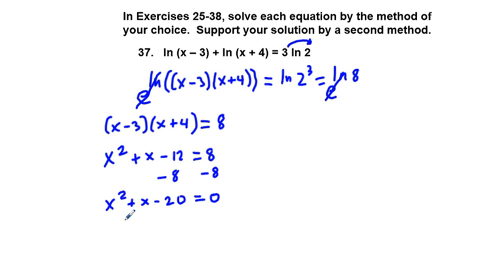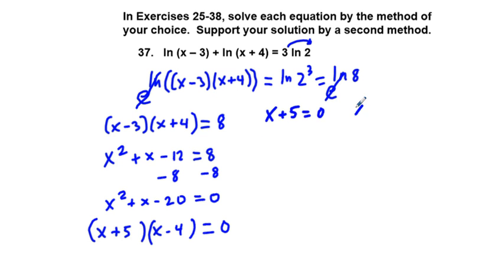And we can factor this: x and x are the factors of x squared, and I think it's going to be plus 5 and minus 4. So we have x plus 5 equal to 0 and x minus 4 equal to 0, and we know that because of the zero factor property. Anything times 0 is 0. So we have x equals negative 5 and x equals 4.